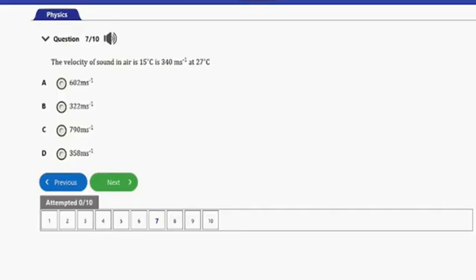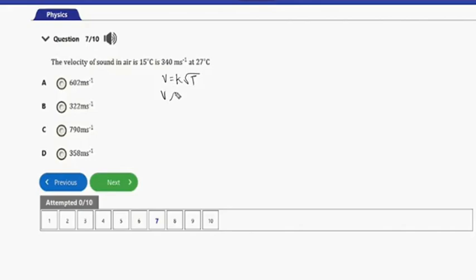So guys, in order for us to calculate this, we have to recall that the velocity of sound is directly proportional to the square root of the absolute temperature.